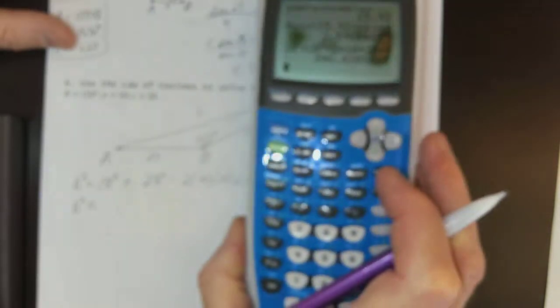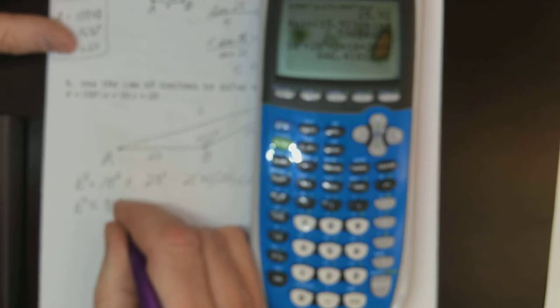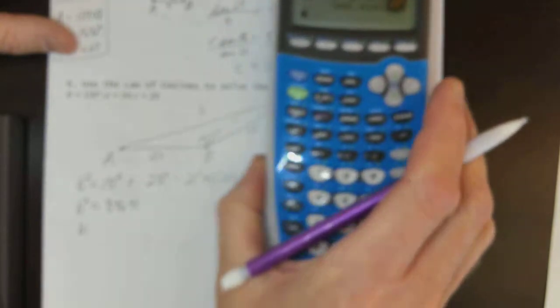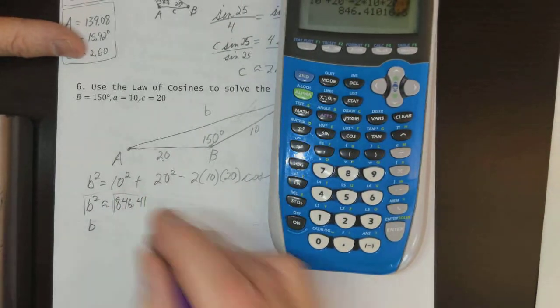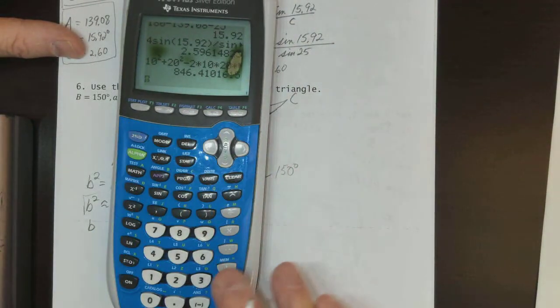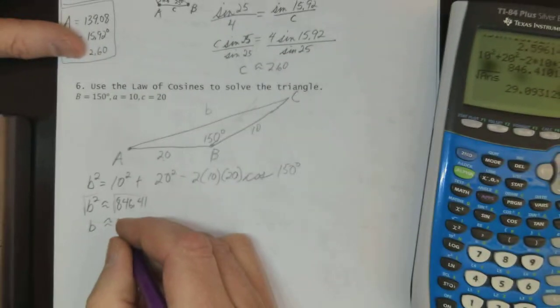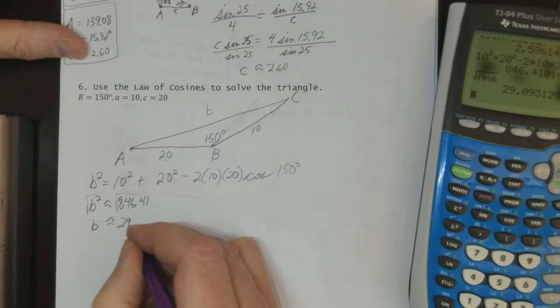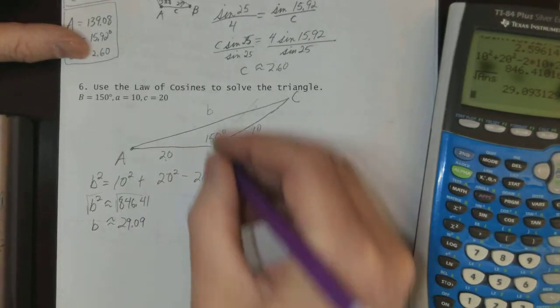And I'm getting B squared is approximately 846.41. I'm going to take the square root. I've got it in there. 29.09. So B is approximately 29.09.